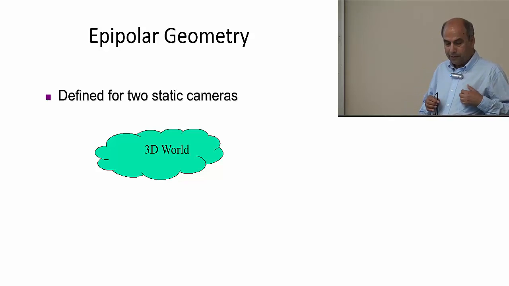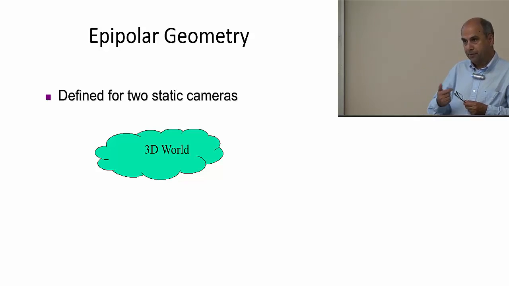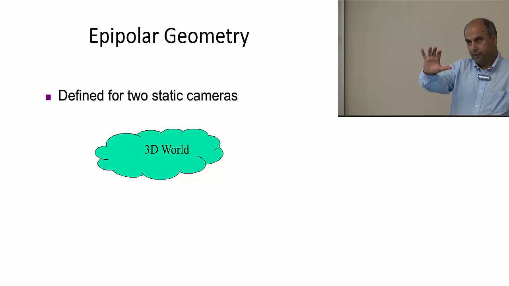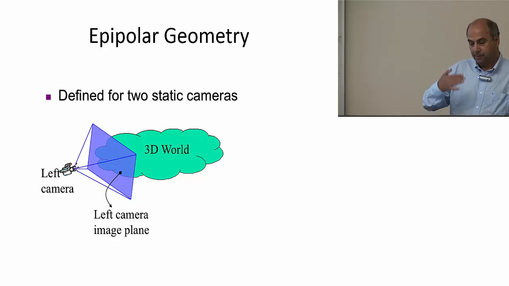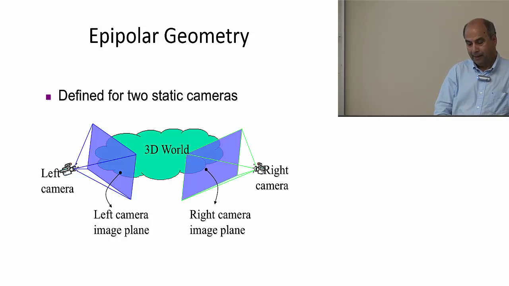We're also going to talk about what is called epipolar geometry, as you heard in the first song. So let's say we have a 3D world, like this room here, and we take 2 pictures. One is from the left camera, another one from the right camera. The left camera will give you this image plane, and then the right camera will give you another image plane.